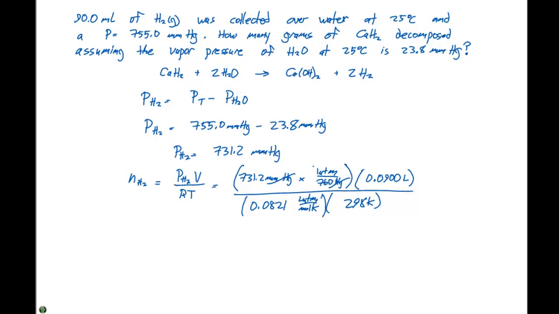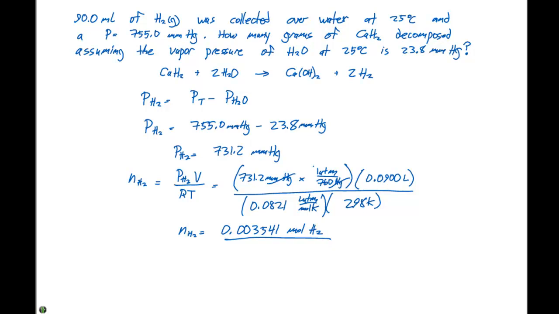If we go through and calculate, this gives us the number of moles of H2, which will equal 0.003541 moles. This is the number of moles of hydrogen that were produced.